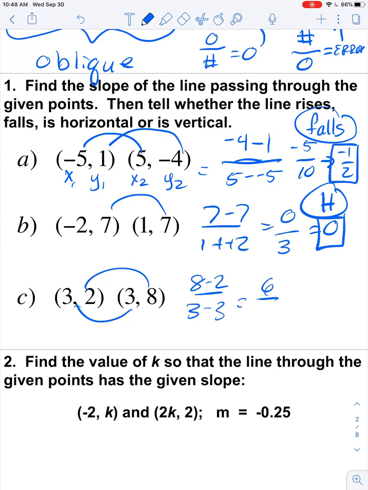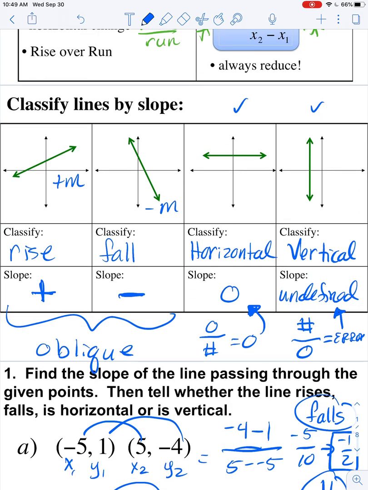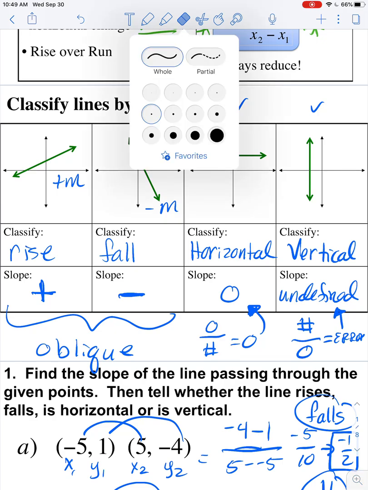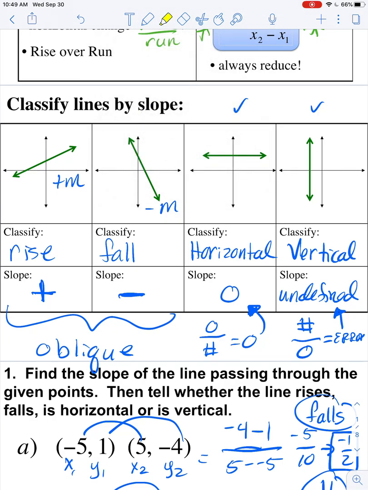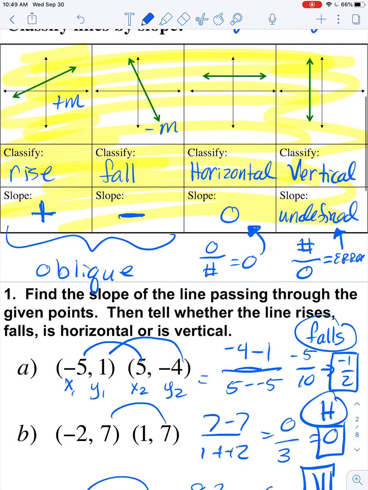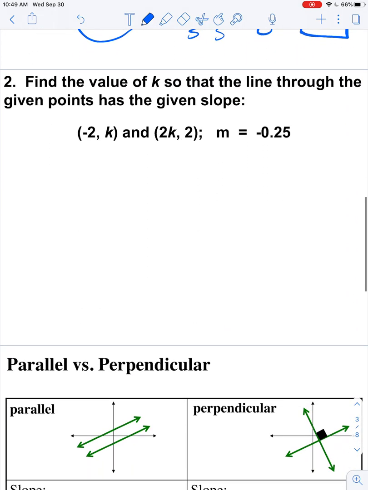Here, 8 minus 2 on the top, 3 minus 3 on the bottom. I get 6 over 0. That leads to an error on my calculator, which means this is undefined slope, which means this is a vertical line. So you really want to start learning this chart. And I think this chart probably is something that I would say you want to really look at in your notes and keep track of, because that's kind of a main core concept.